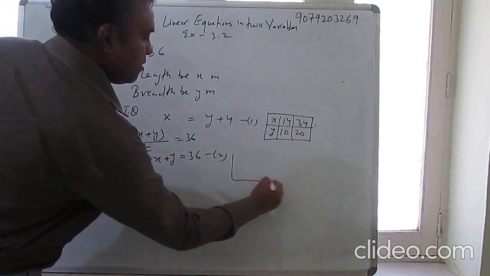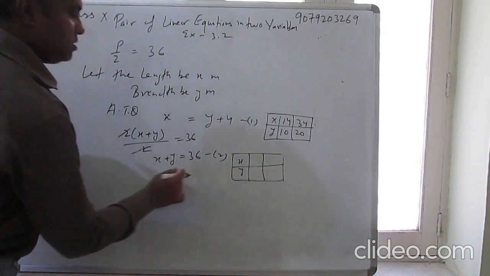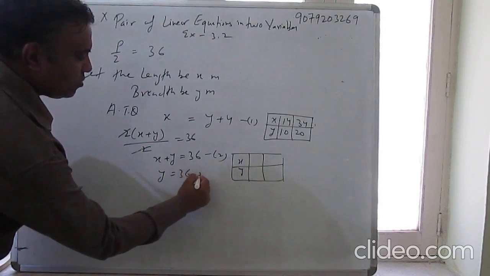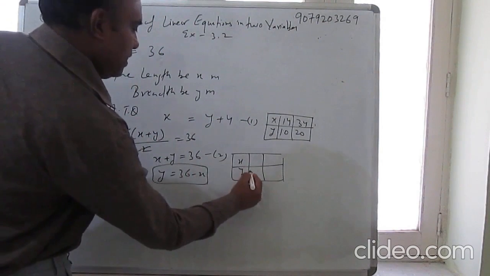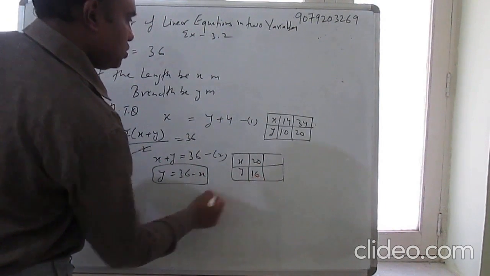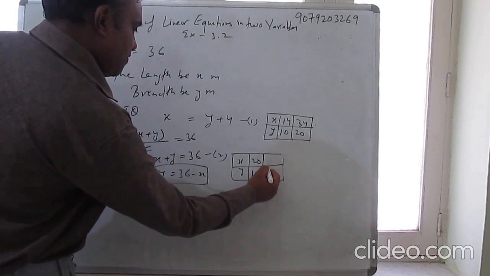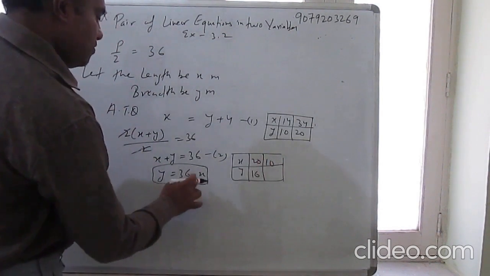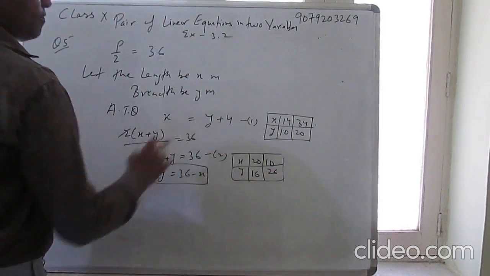Here for the second, the plotting points are these. If you write y is equal to 30 minus x, if I take x is equal to 20, y is equal to 16. If I take x is equal to 10, y is equal to 26. Plot these points on the graph.